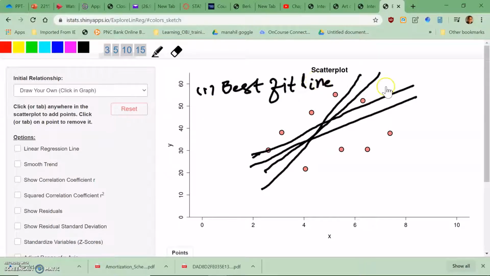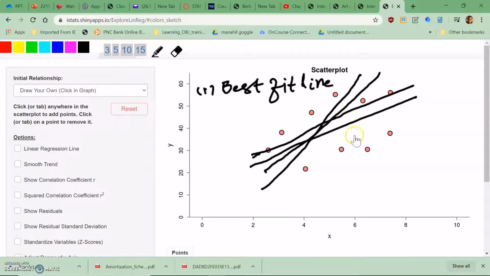Just by looking at these points, you can't decide that. There is a mathematical way of deciding which of these lines will be the best fit line, the one that is closest to all these points.